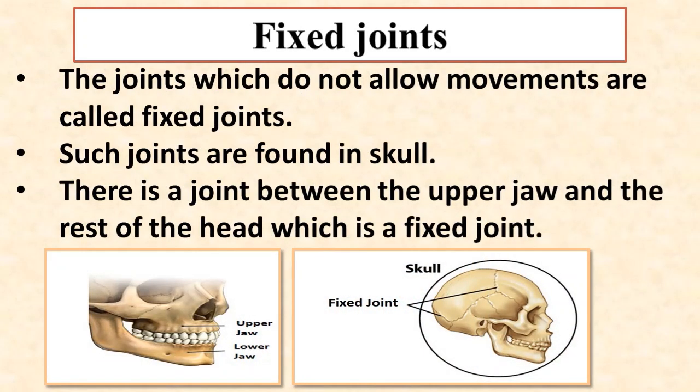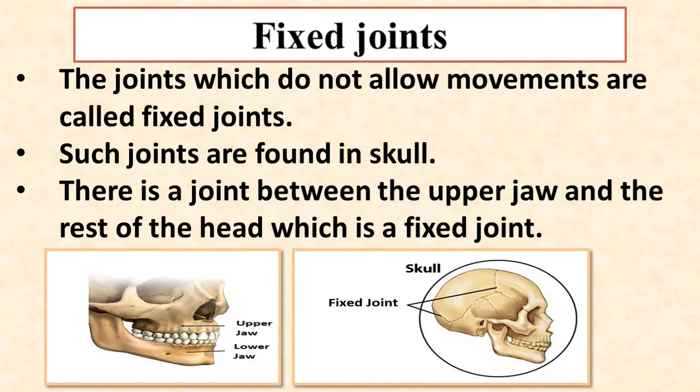Some joints between bones in our head are different from those we have discussed so far. The joints which do not allow movements are called fixed joints. Such joints are found in skull.